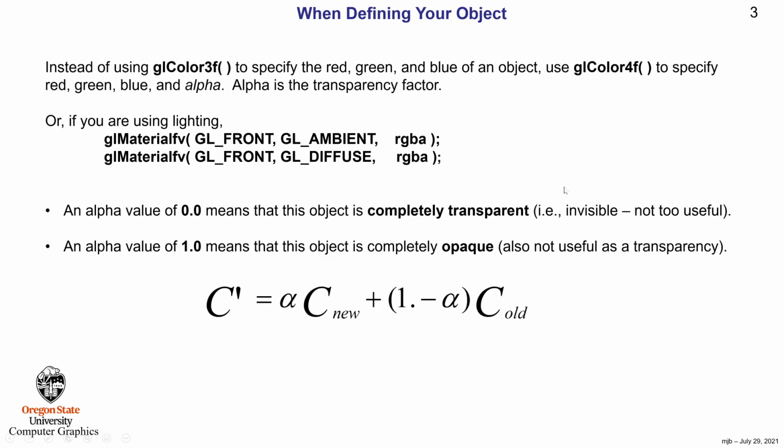Okay, but how do you do this? First of all, when we say color 3F, we're actually calling color 4F with an alpha value, which is the transparency value, of 1. So color 3F is really RGB, comma 1. But if you're wanting to specify the transparency factor, use color 4F, and the fourth argument is alpha.